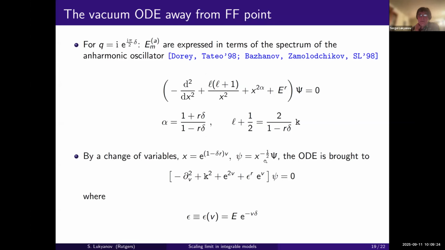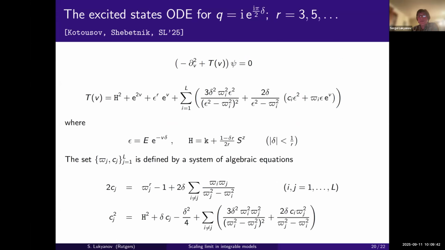The advantage of this equation is that now we can write the equations which describe the scaling of the beta roots not only for the vacuum but for any beta states, and this is given by such an equation.